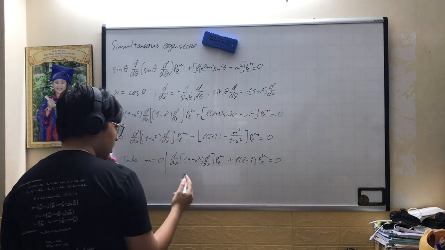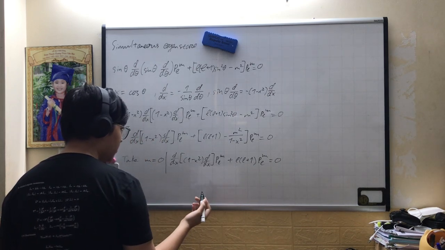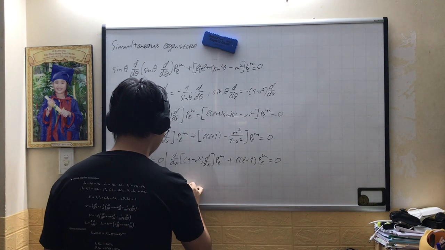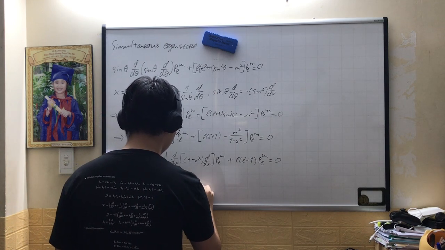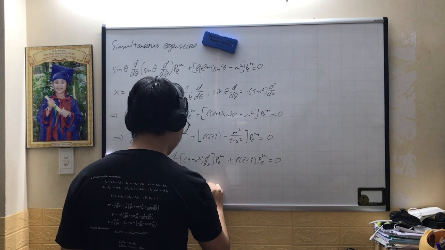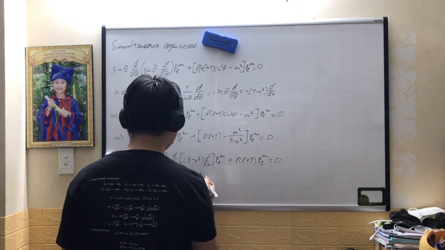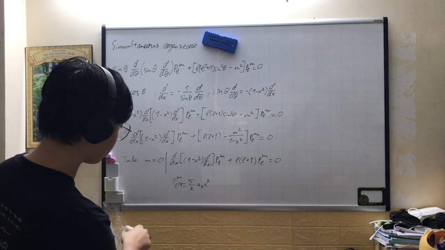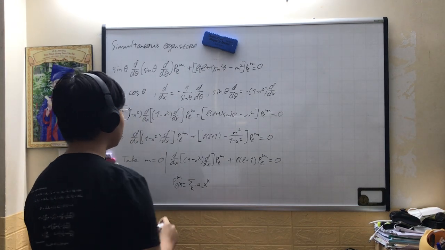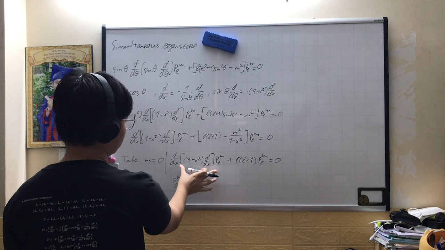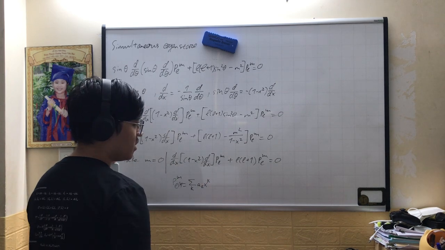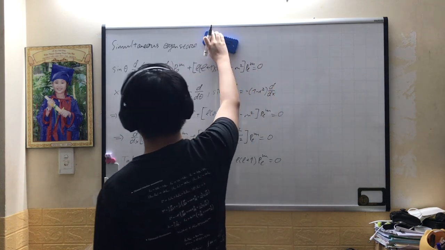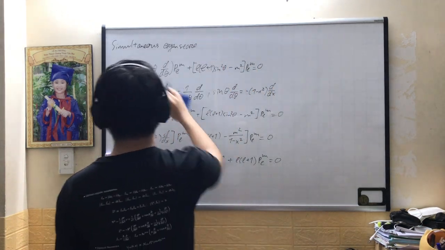So let's try taking P_l and expand it as a series, sum over k of a_k x^k, because this is a function of x. What you get from here, you squeeze this term, is a two-step.